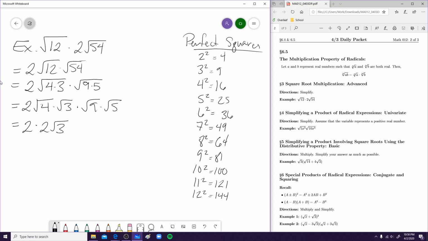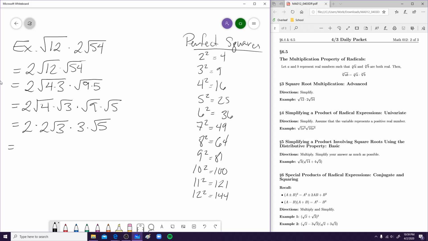Square root of 3, this is as simplified as it can get because there's no perfect squares that go into 3 nicely. And then for the square root of 9, what squared is equal to 9? That is 3. And then for square root of 5, this is as simplified as it can get because, again, like with 3, there is no perfect square that goes into 5 nicely.